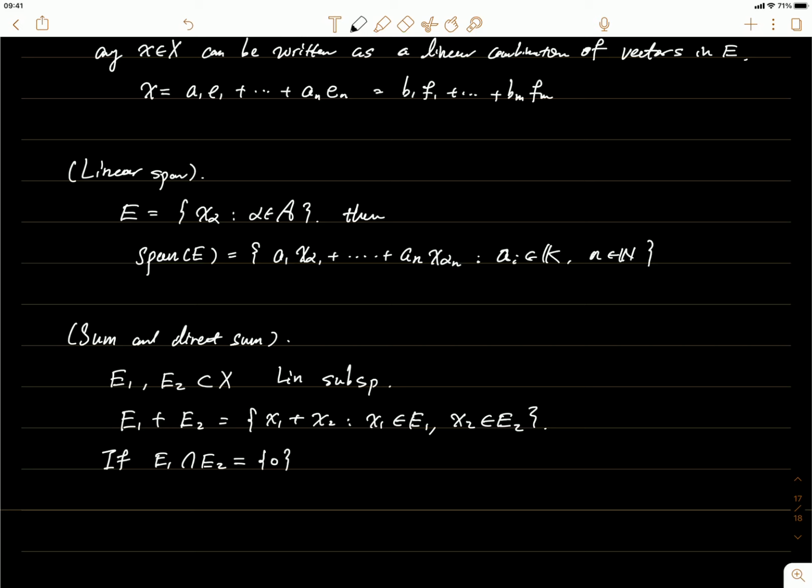But if it only contains 0, then we denote this sum of E1 and E2 differently, and it is called the direct sum of E1 and E2.